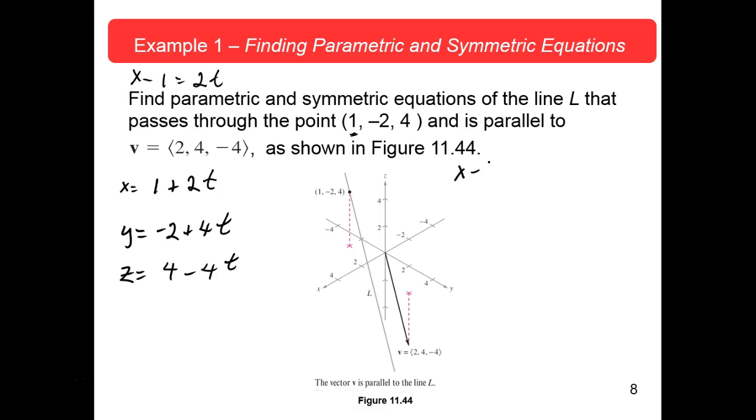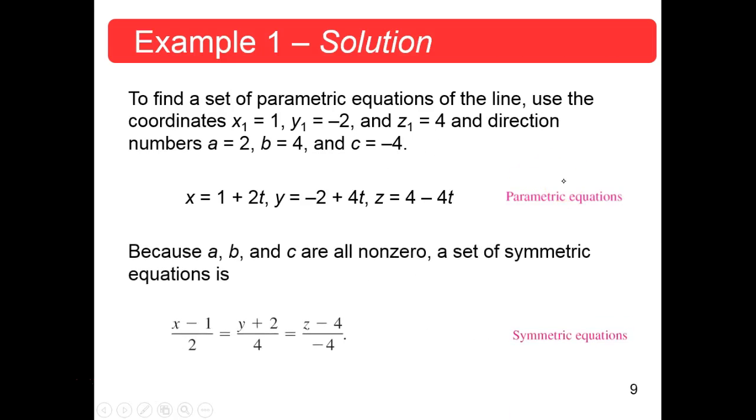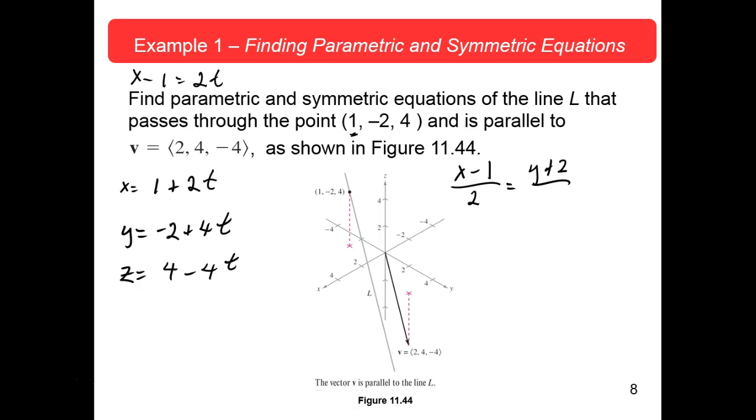X minus 1 over 2 equals y plus 2 over 4, and that's also equal to z minus 4 over negative 4.